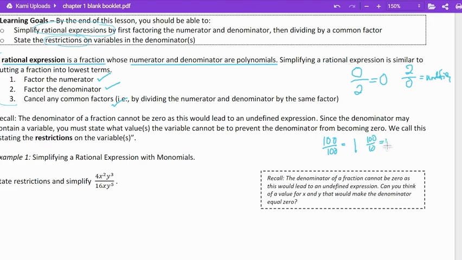What is that equal to? 10. 100 over 1 equals 100. What is 100 over 0.1 equal to? Oh, shoot, this is 100. It would be 1,000.